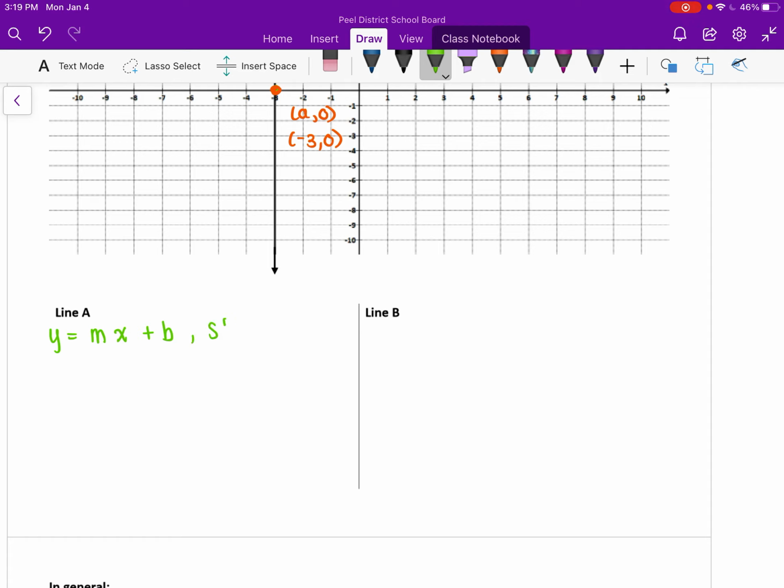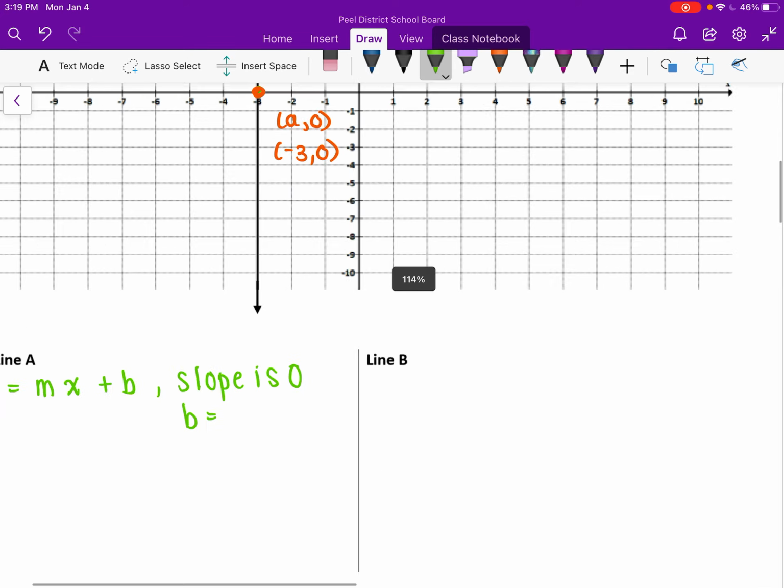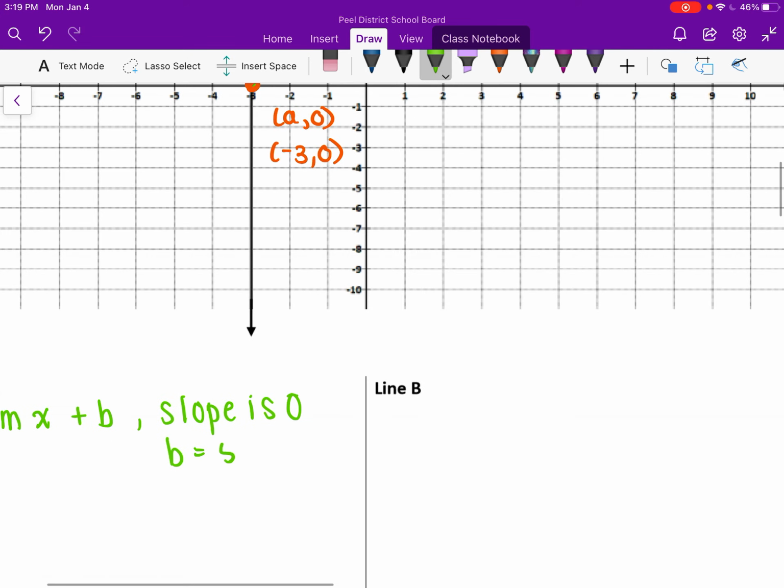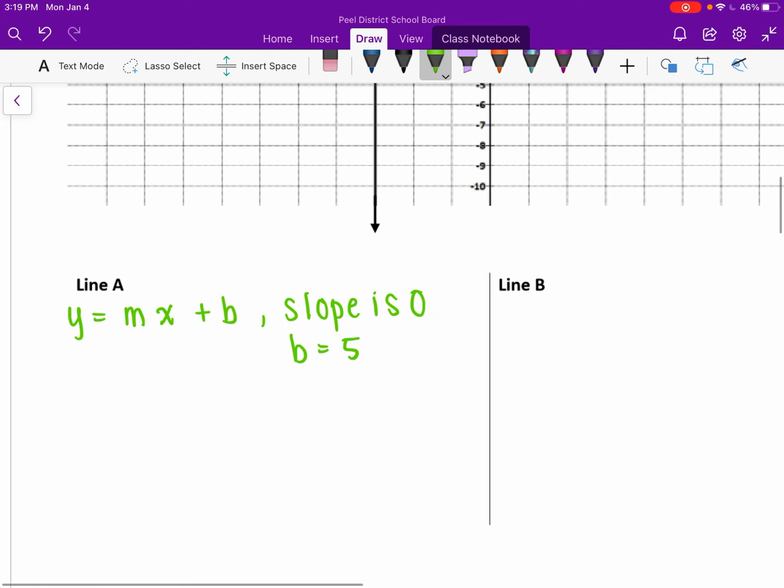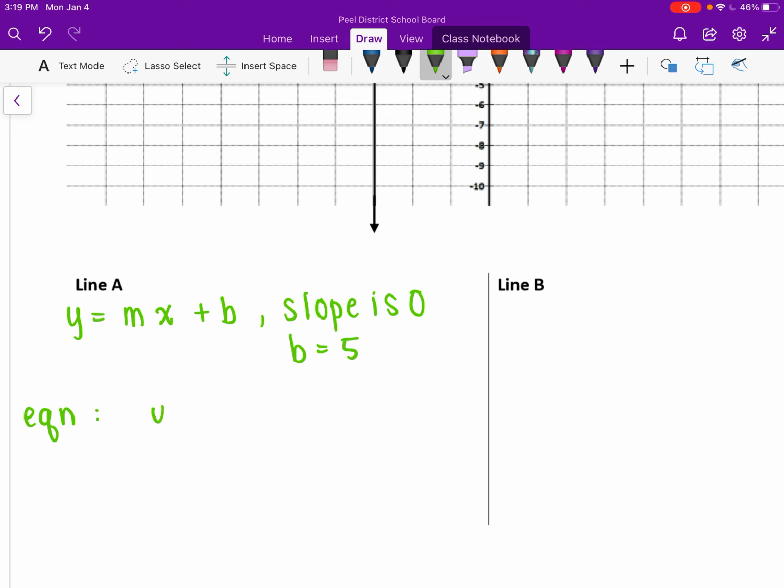I know the slope is 0, and my b is 5, because that was my y-intercept. So let's put it in. The equation becomes y equals 0 times x plus 5. 0 times x is just 0, so y equals 5 is the equation.